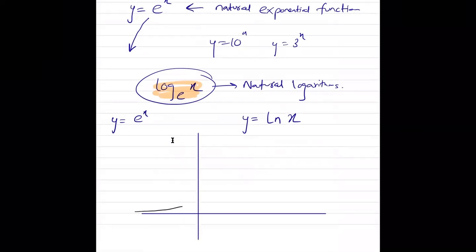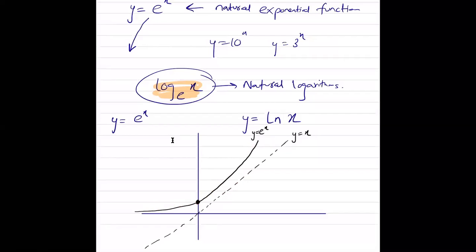If I draw e to the power of x, e to the power of 0 is also going to be 1. And this is y equals e to the power of x. Let's assume this is the line y equals x. So the graph of ln x is going to be the mirror image of the graph of e to the power of x. You need to draw the reflection of this graph in this line.